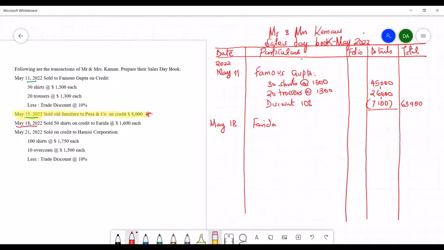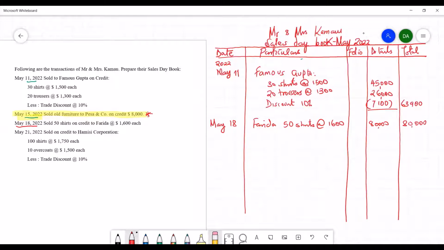And for Farida, we have 50 shirts at 1,600. 50 by 1,600 equal to 80,000. Therefore, we have 80,000.